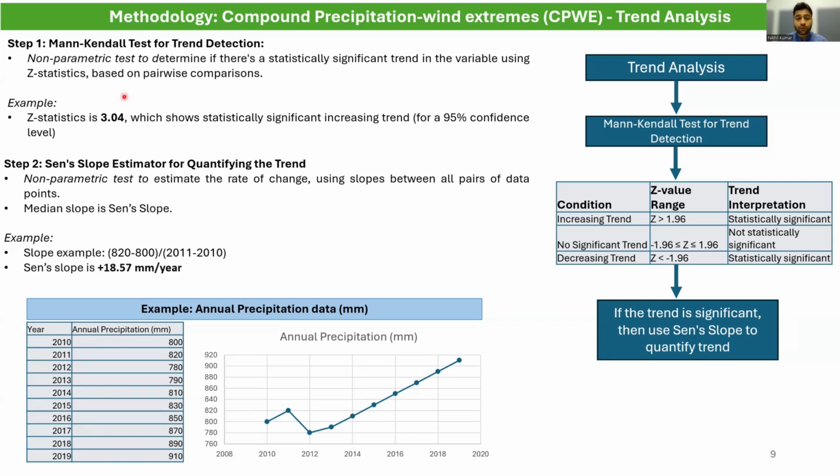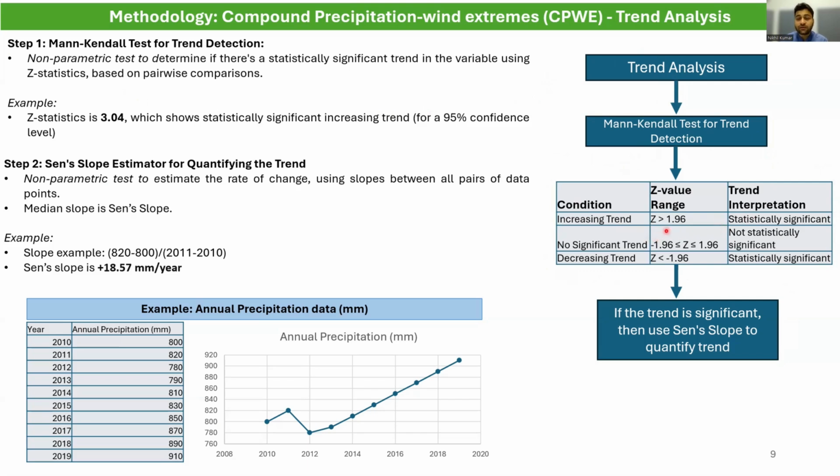The flowchart we have followed in this study is, we do the Mann-Kendall test and we follow this table with the Z value of 1.96. If the Z value is greater than 1.96, it is showing an increasing trend and it is statistically significant.